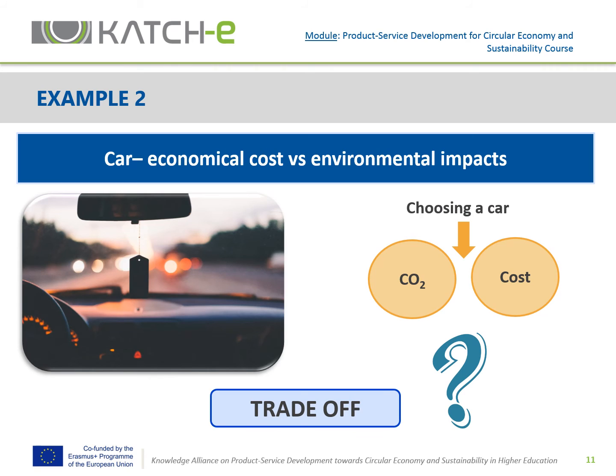Example 2. The car, economical cost versus environmental impacts. Imagine you need a new car. To meet your needs, it must be a mid-size 4-door family car with a petrol engine delivering at least 150 horsepower.